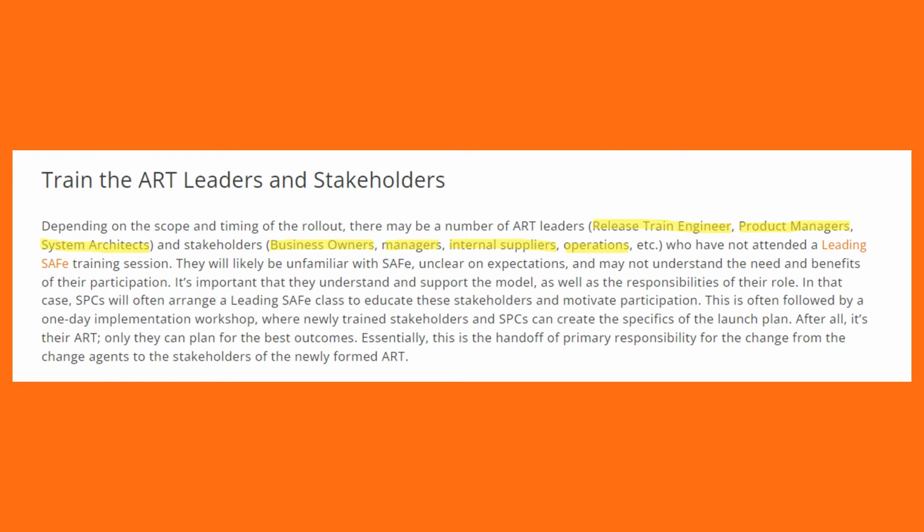So this is within the value stream, within the ART. You need to identify your ART leaders and your stakeholders, and you have to train them. You can use SPCs to give the training session. It can be 2 days of training, 1 day is an overview about SAFe, and the next day is a workshop on implementation or something like that.